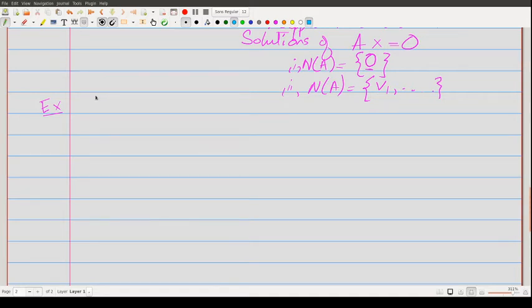Let's suppose we have the matrix A. Matrix A is equal to 1, 2, minus 1, 1; 2, 4, minus 3, 0; and 1, 2, 1, 5.